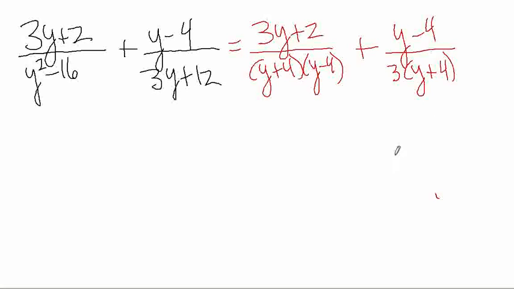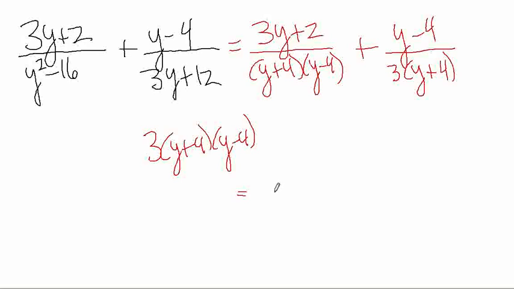And now we can determine that the least common denominator is 3 times (y plus 4) times (y minus 4). And so we can convert the red rational expressions to the desired equivalent rational expressions.